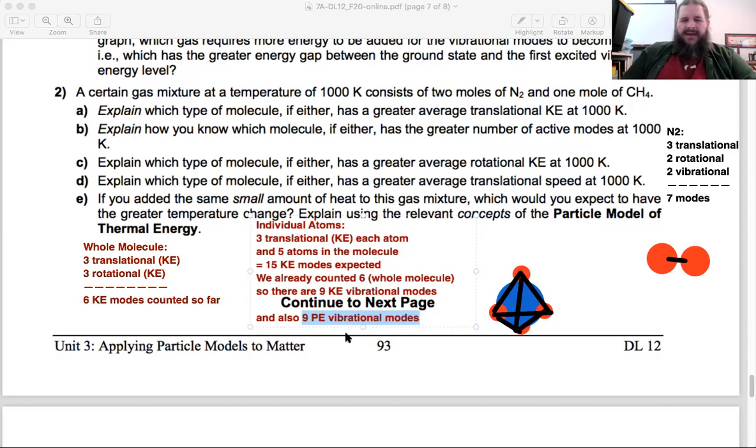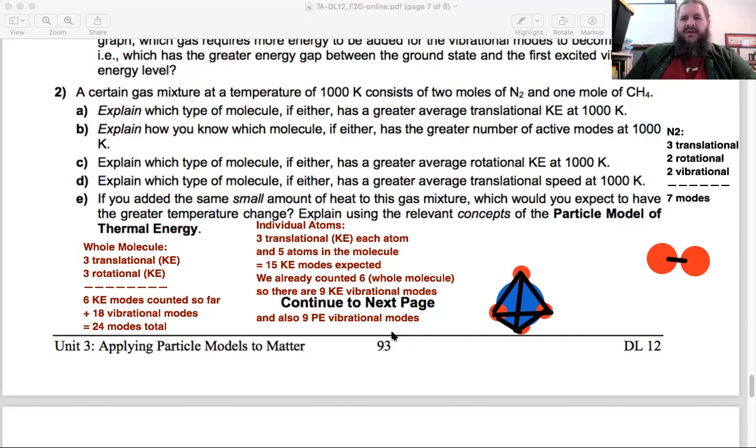So now that we know that, we can add those in to the whole molecule. We've got 6 kinetic energy modes counted so far, plus 9, I guess we should just combine those, 18 vibrational modes. So 3 translational for the whole molecule, 3 rotational for the whole molecule, and we now know 18 vibrational modes. There's 18 different ways these 5 atoms can have energy inside the molecule, for a total of 24 modes total for that whole molecule.